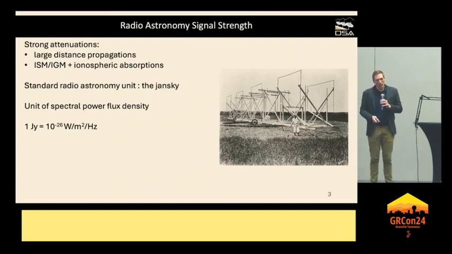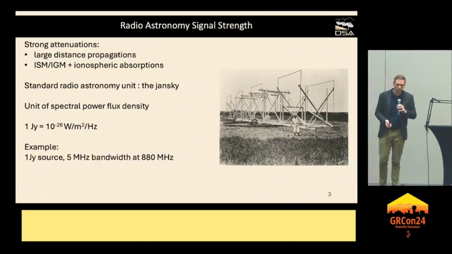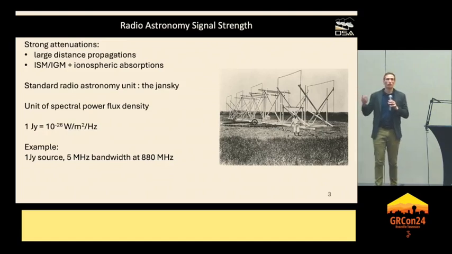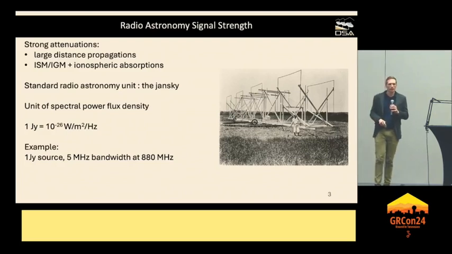And I always like to put everything in perspective with this unit, the Jansky, to tell you how weak a unit this is. So I like to think of what if we're using a cell tower to look at a 1 Jansky source. A 1 Jansky source is a pretty bright source in radio astronomy, all things considered.